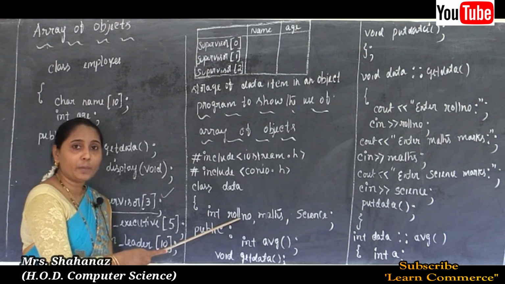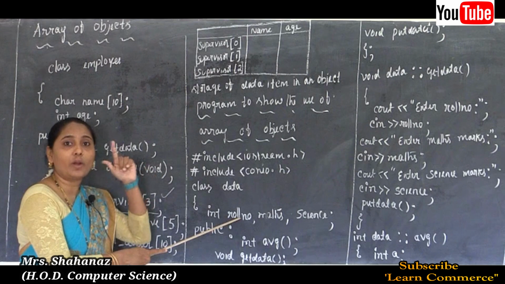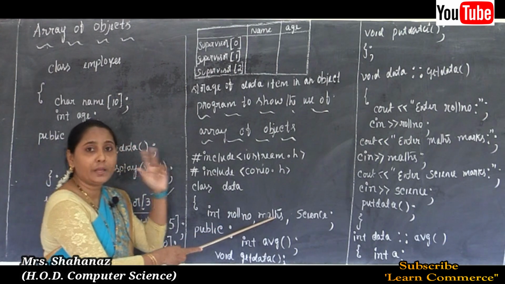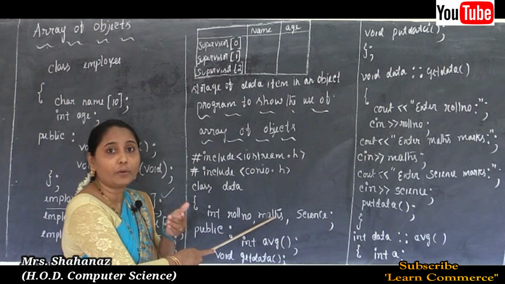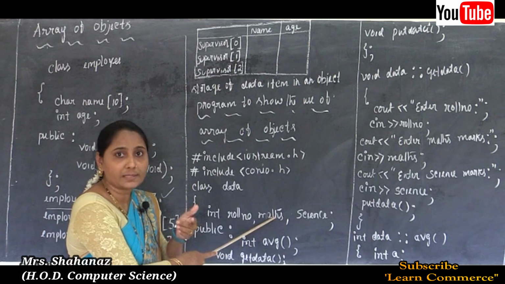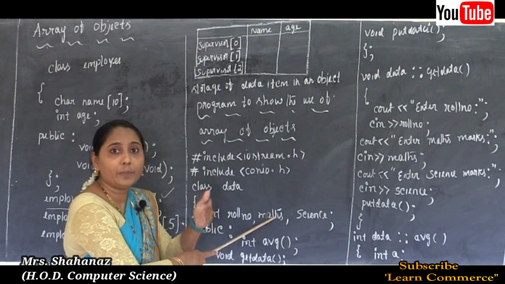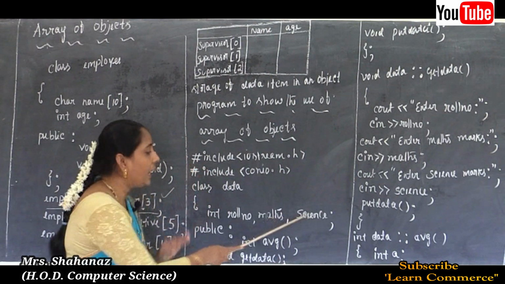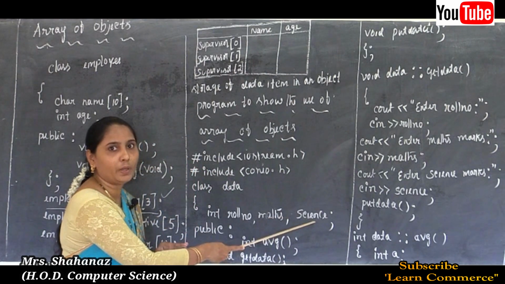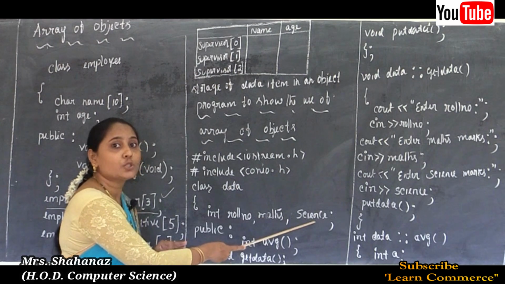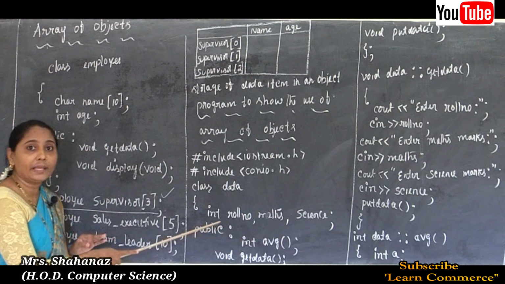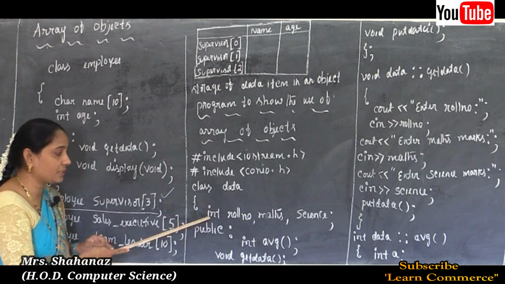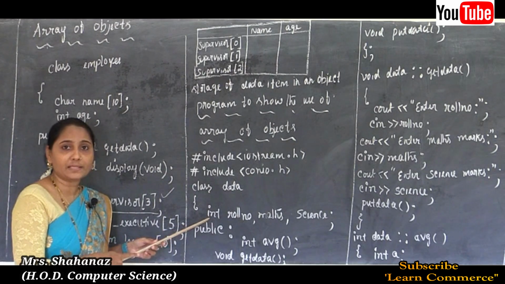Because for roll number I am using 1 or maybe 101, and maths marks may be 100, maybe 80, like that. That means whatever marks we get are whole numbers. And science also, the same thing, maybe 70, 100, any marks. So all those marks are going to be whole numbers, and because of this reason I use the data type int.